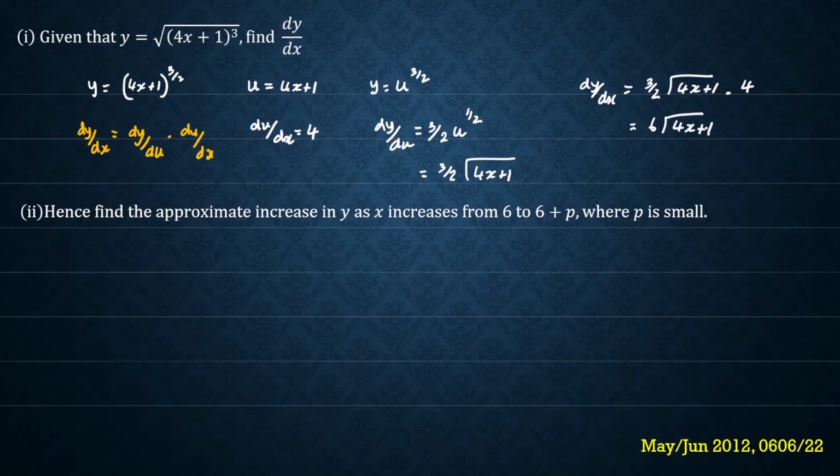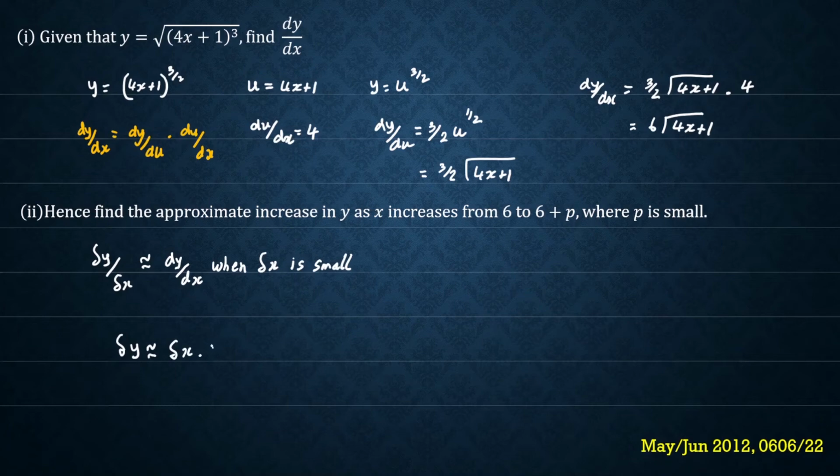For part two, we'll use what we can call the small changes formula to find the solution. So delta y over delta x is approximately equal to dy/dx when delta x is small. Let's rearrange the formula. We'll have delta y is approximately equal to delta x times dy/dx.